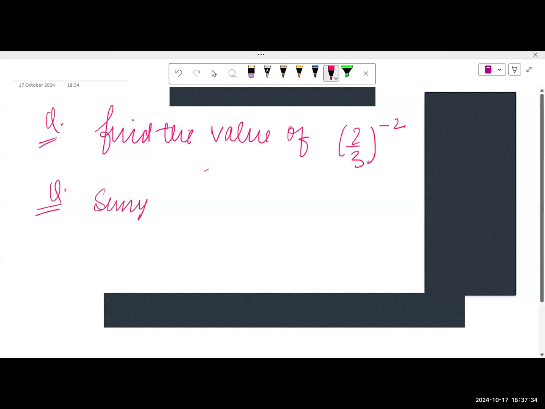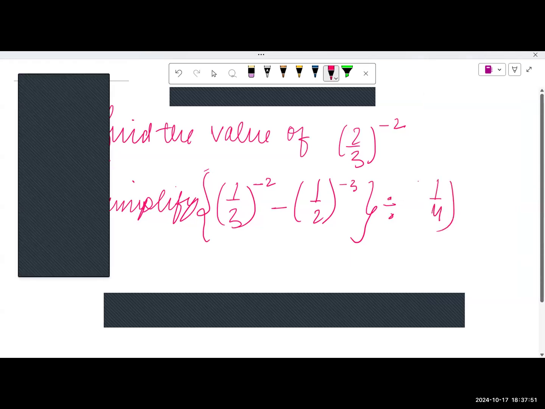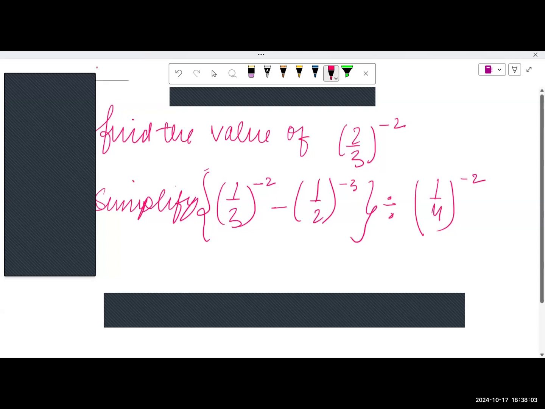Second question is simplify (1/3)^-2 - (1/2)^-3 divided by (1/4)^-2. Please do these two questions and just quickly tell me, and then we'll discuss the answers.